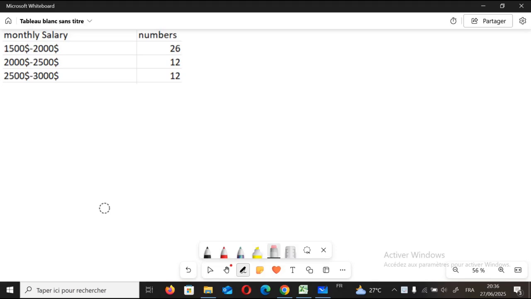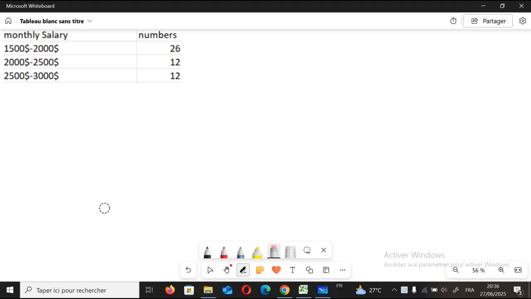So now let's talk about how we can find the mode in continuous quantitative variables. So here we have monthly salary of $1,500 to $2,000, $2,000 to $2,500, $2,500 to $3,000, etc. Okay.